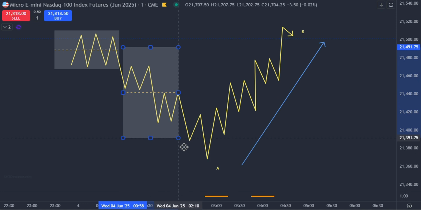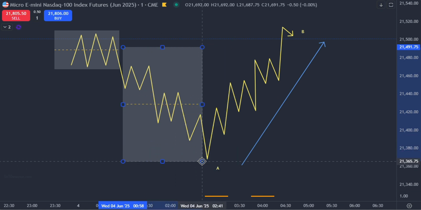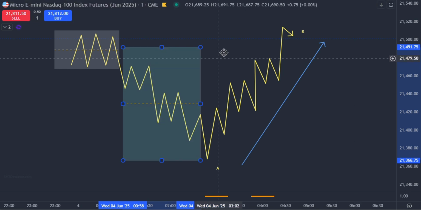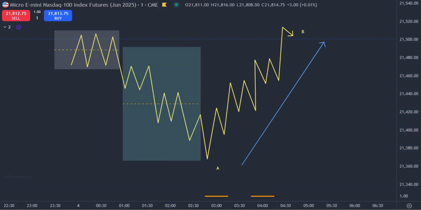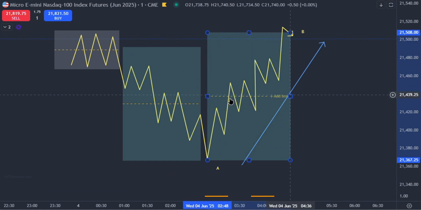this move here, which this move is going to be your manipulation. Change this color. And what you want to focus on in the beginning is this move. You want to focus on the distribution part of the move.